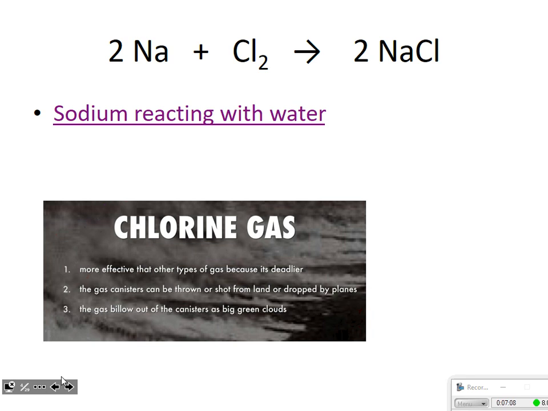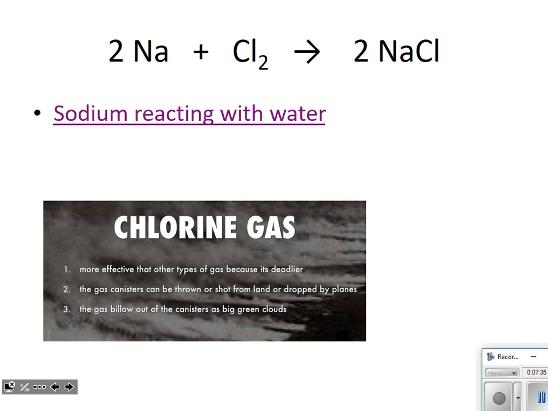So, we've got this substance that created that little fireball when it was reacting with water. We got this deadly gas. But when we mix those two together and they make a compound, we put it on our French fries and eat it.